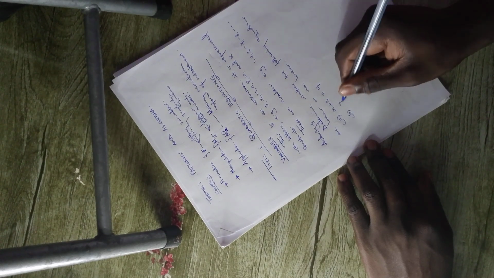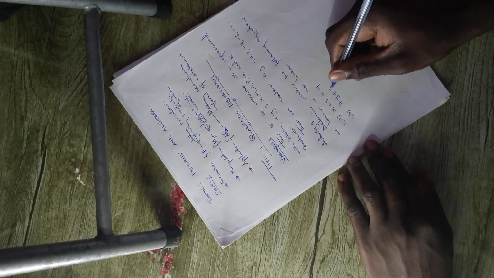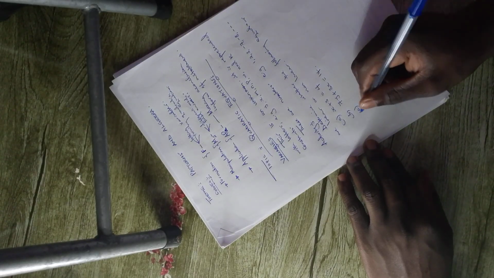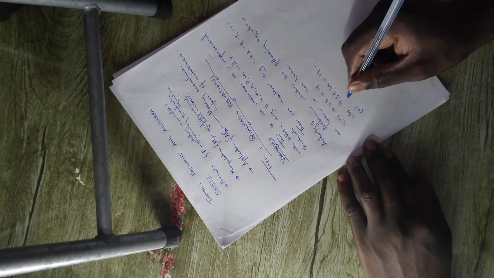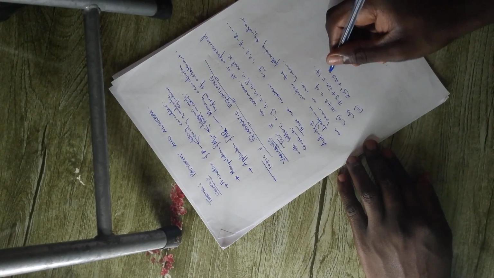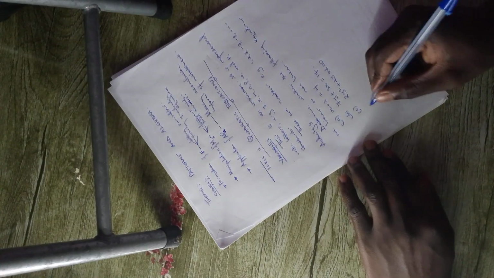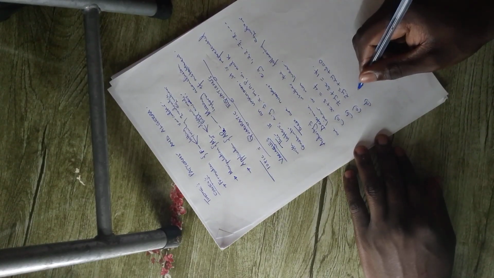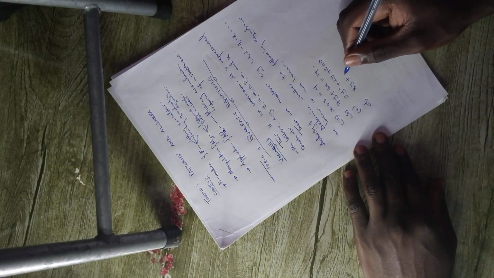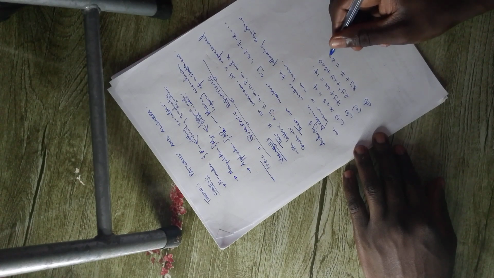Part B, 7y plus 3x is equal to 14. Part C, 2y squared plus y plus 2y plus 3 is equal to 0. Part D, 8y plus 7 is equal to 3y.